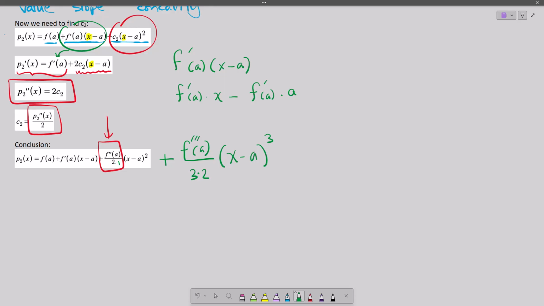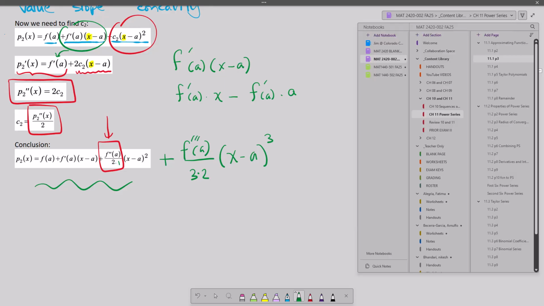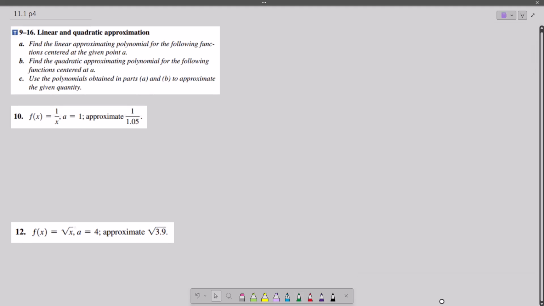So let's play with the second order stuff before we extend it forever. Let's think about first and second order approximations and just get a handle on those, and then we'll talk about these extensions.